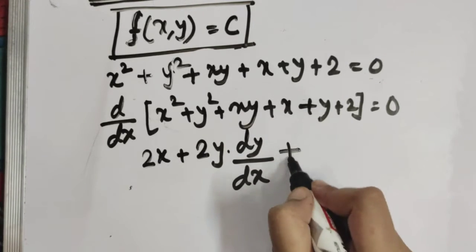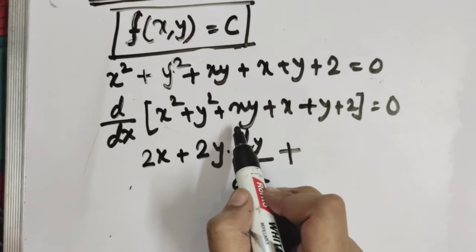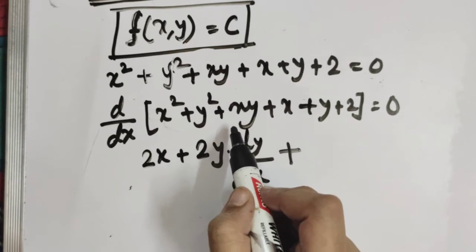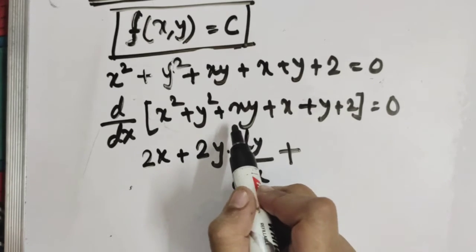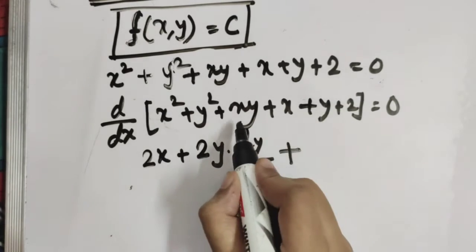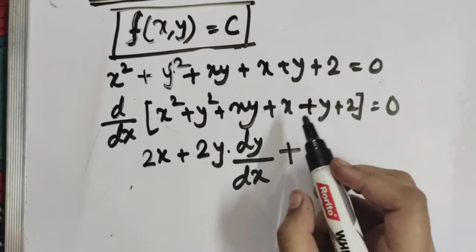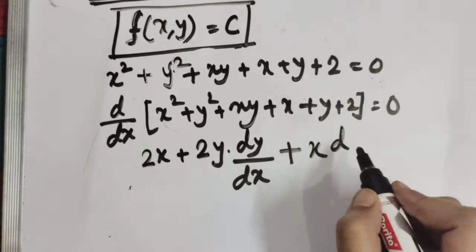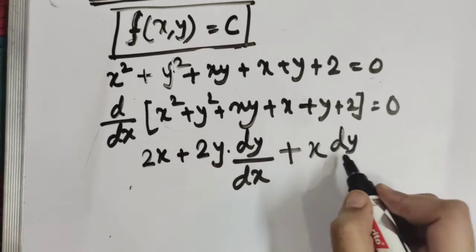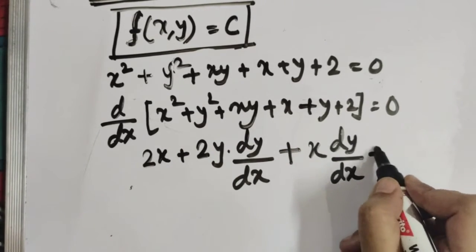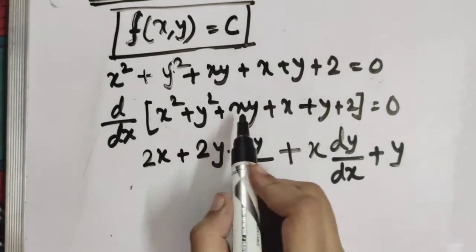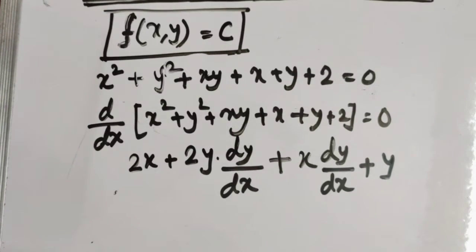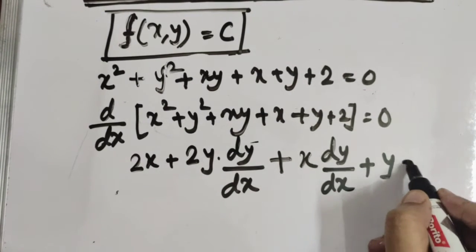Plus here the fundamental rule, when we discussed the fundamental rules of derivative, there the rule is the u into v form. So first we treat one as constant, so x into the derivative of the other function, that means x into dy by dx, plus y into d/dx of x, that means 1.